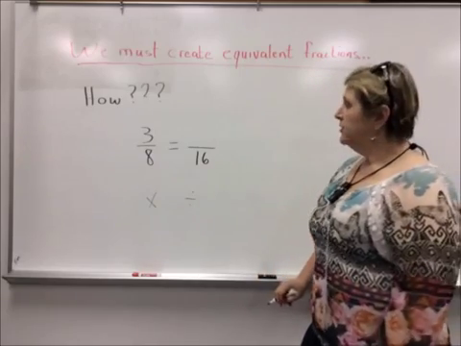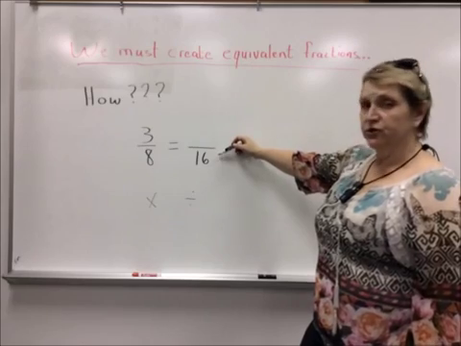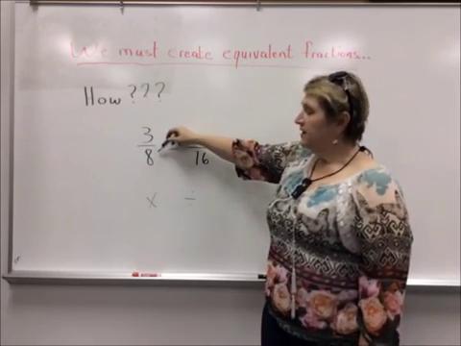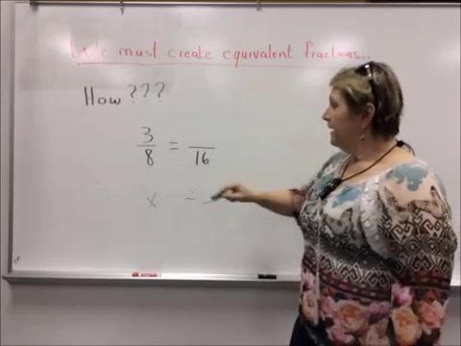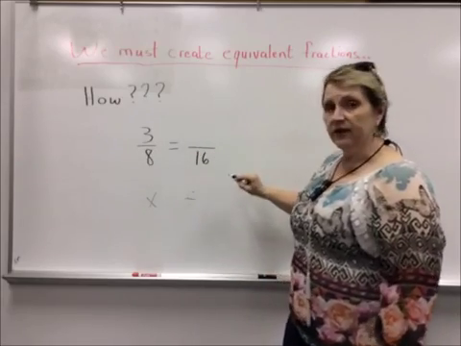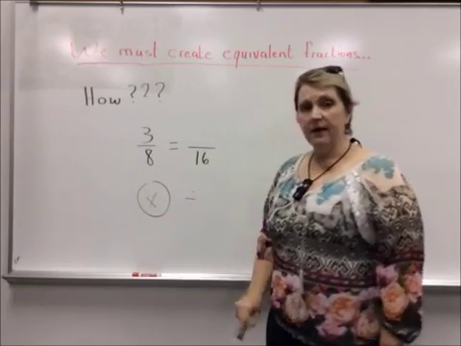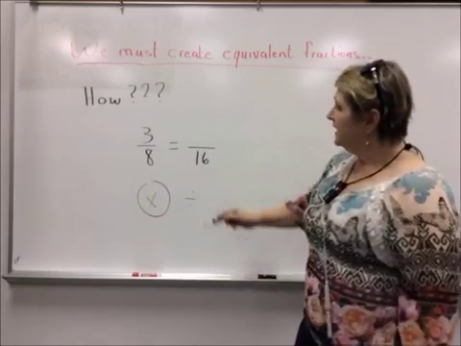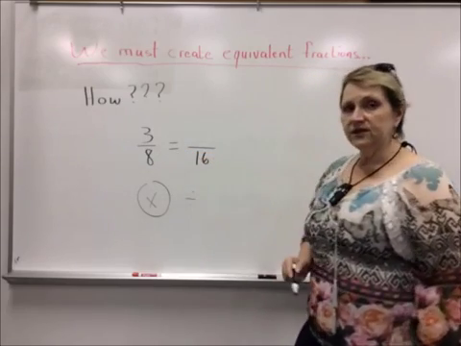And what we need to do is, if the denominator is larger than the denominator in the other fraction that we're working with, and we want to make these equivalent, because this is larger, we know we're going to need to multiply. So let's think about what we could multiply times 8 to get 16.